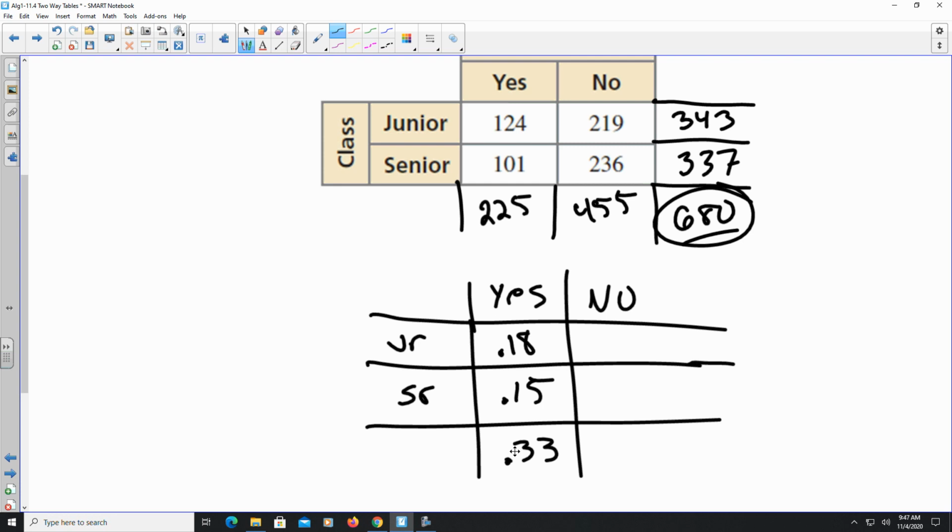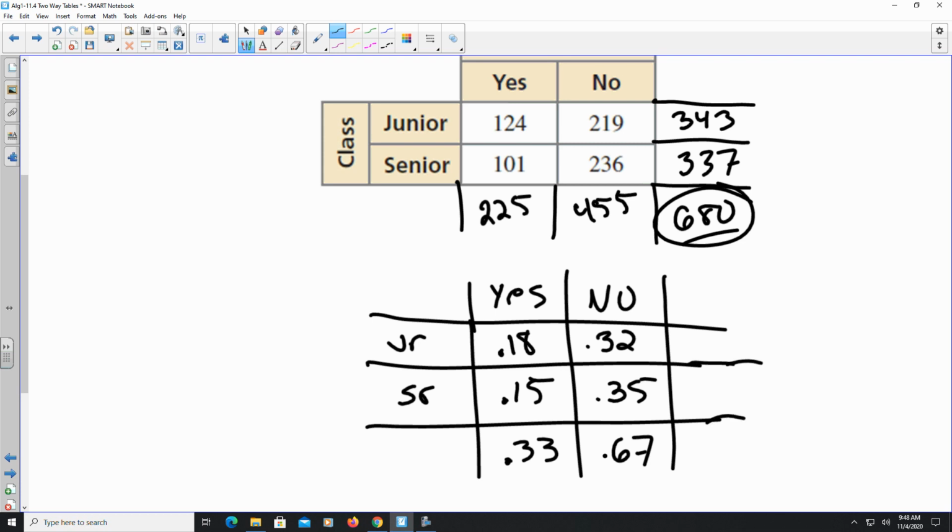If I looked at the no's, 219 divided by 680, I would get about 0.32. And 236 divided by 680, I would get about 0.35. When I added those together, I'd get 0.67. Now what I'm going to check on is just to make sure that these totals add up to 1.